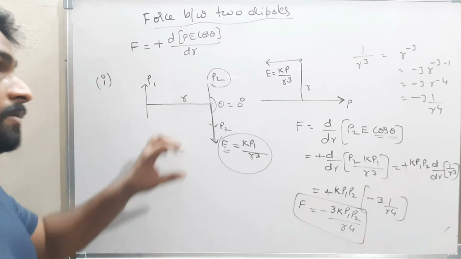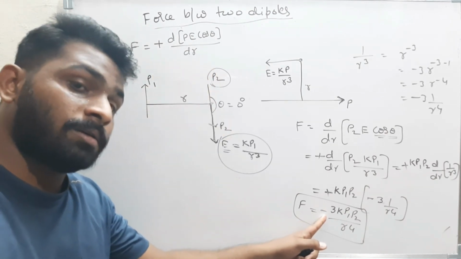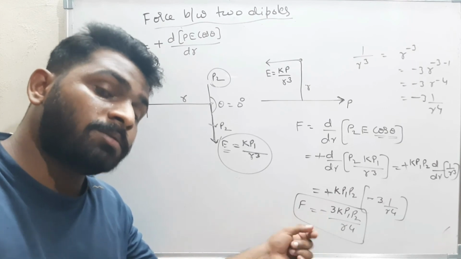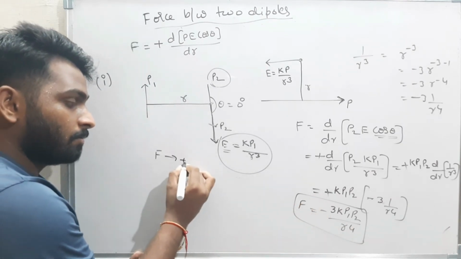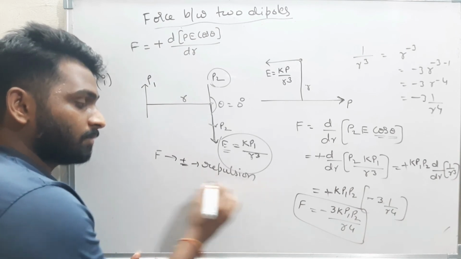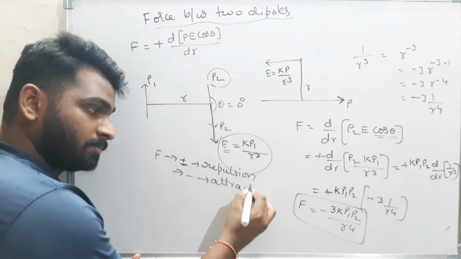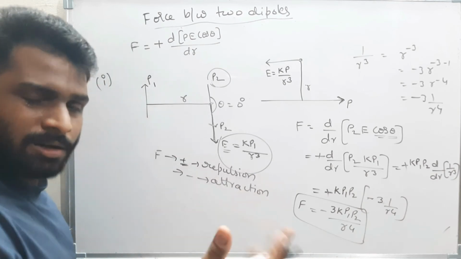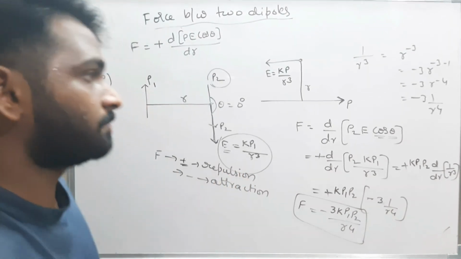That means if I change one of the dipole directions, I get the final answer as minus force. What is the meaning of minus and plus? If force is positive, it is a repulsion. If force is negative, it is an attraction. And if you have any doubt whether it is attraction or repulsion, then we can do it like this.